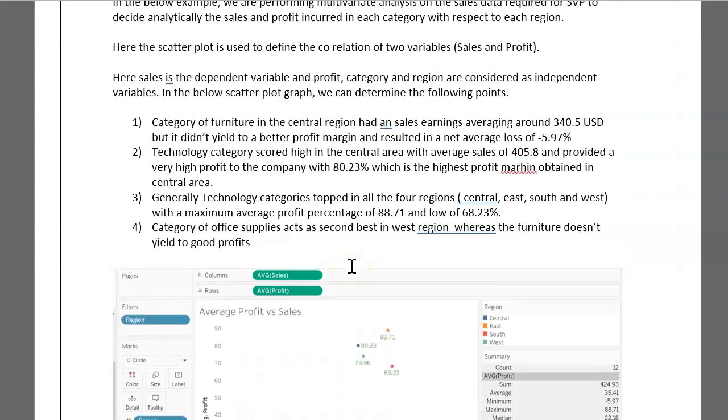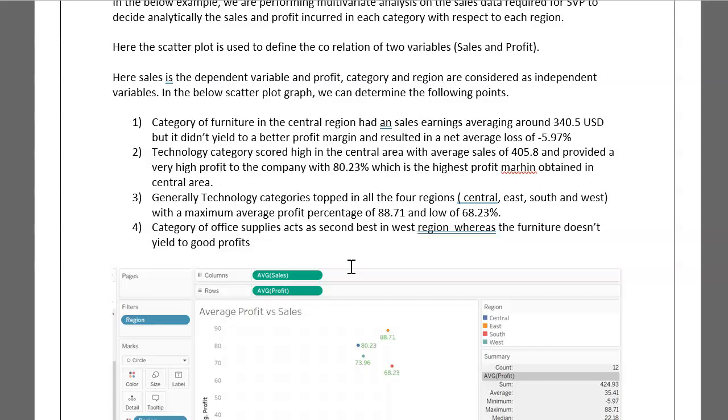So the business is not very active in the furniture area. The enterprise does need to look at these failure points, like what can be done better to bring this one up.